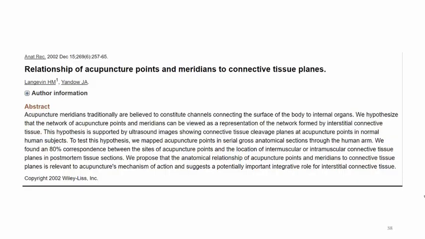And they think that perhaps the network of acupuncture points and meridians has to do with how interstitial connective tissue works. And they've actually gone through and looked at this, and they've done ultrasound images, and they've done dissections, and they found that there are acupuncture planes that run down the bladder meridian, from the head all the way down to the back foot. And it's very, very interesting, this work that they're doing.